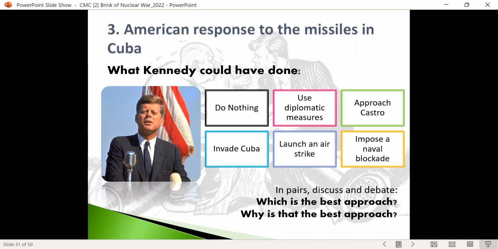They wanted to get it settled as fast as possible. There was always the threat that either side could pull the trigger at any point. So I like your approach, but for Kennedy, it felt like there was not enough time. Attack Cuba and Russia: how would international opinion look at this?